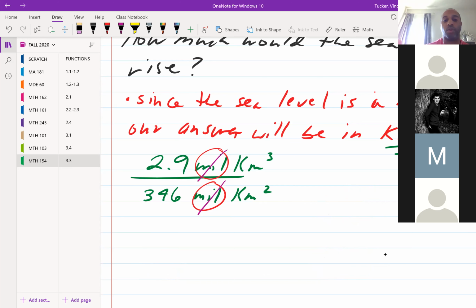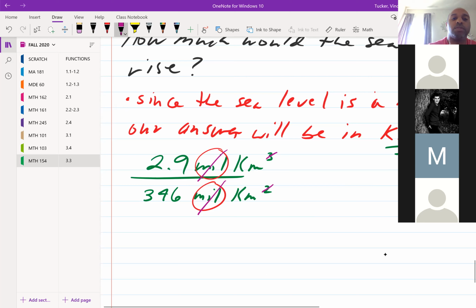And that's not just words. Those words represent numbers. Also, when I look at kilometers cubed and kilometers squared, the square cancels out with 2 of the kilometers in the numerator, leaving me in kilometers.